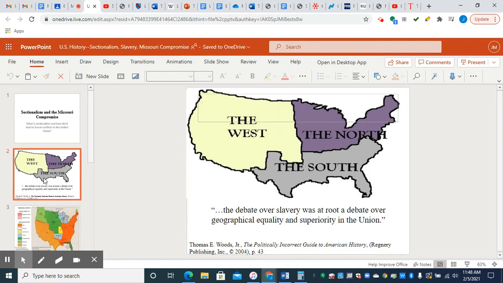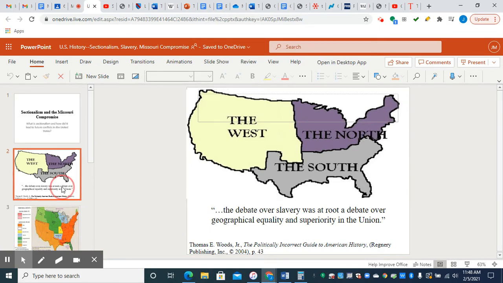Now, originally, when the American states fought in the Revolutionary War and became independent from Britain, most, if not all of them, were slave states. They had slavery. Now, a lot of states started to get rid of slavery, and so slavery started to become more focused regionally in the South rather than the North.